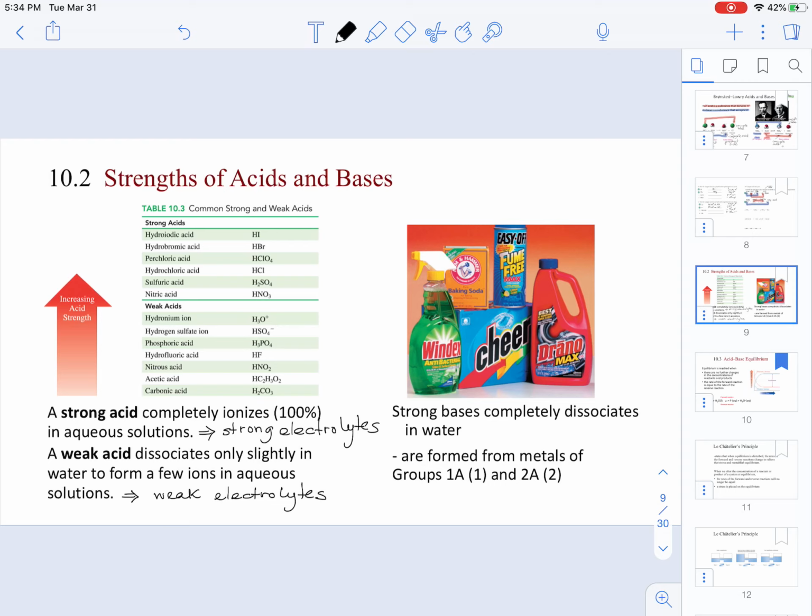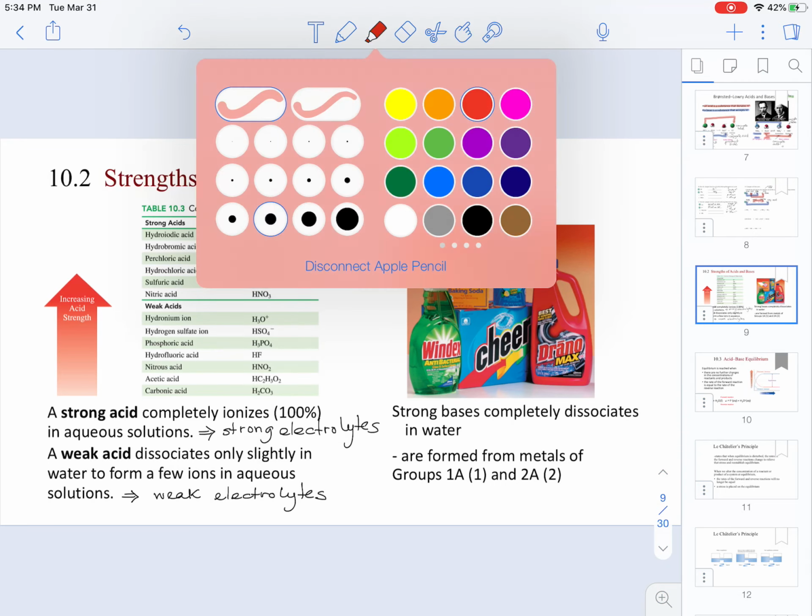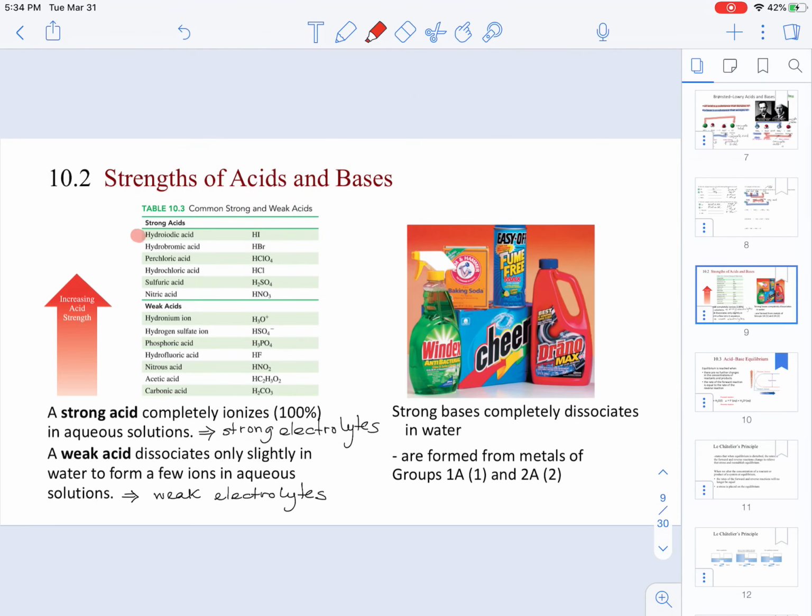So, as you can see, the 6 strong acids that you have are hydroiodic acid, hydrobromic acid, perchloric acid, hydrochloric acid, sulfuric acid, and nitric acid. Any acid that is not part of those 6 strong acids is considered a weak acid.